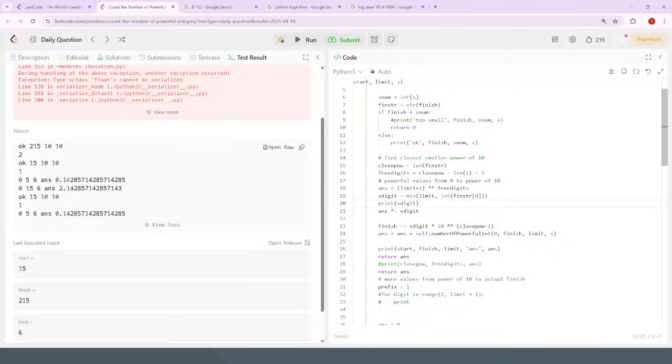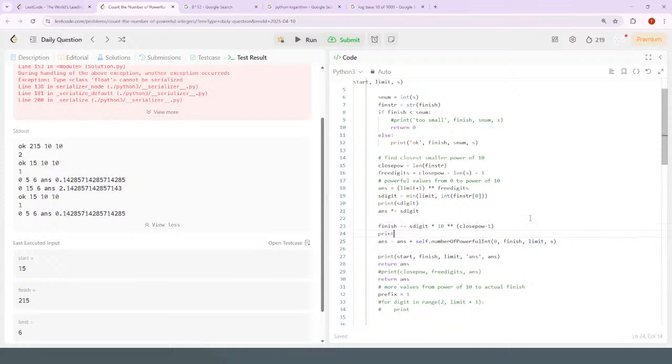So when does your answer become this garbage? Answer equals answer plus self number of powerful integers, 0 finish. This limit with this new s. Okay.